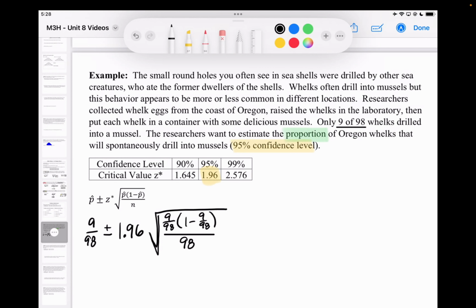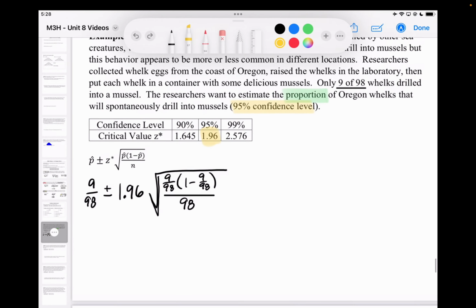That is important. And for the most part, it shouldn't be too hard to type this into a calculator. If you're worried about it, you can type pieces in at a time. You can use the store feature. I've taught you guys how to store numbers, such as the 9 over 98, you could store as a variable. So you do what you want, but it's generally not too crazy hard to type this in. However, when you type it in, you will need to type it in twice.